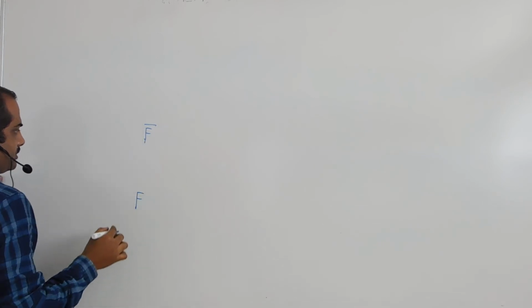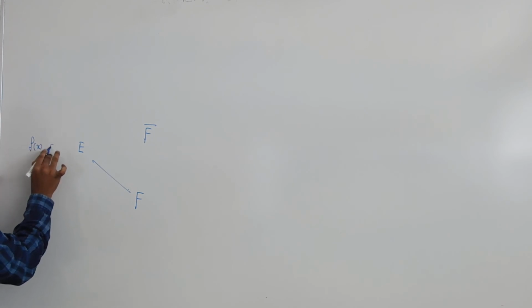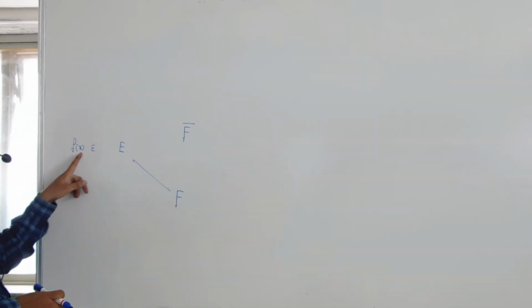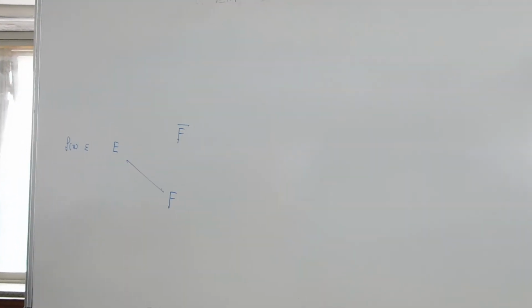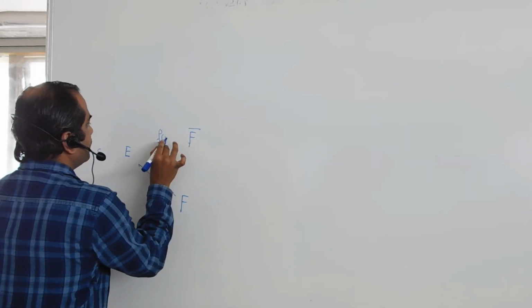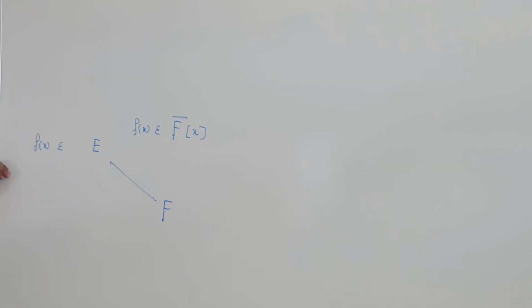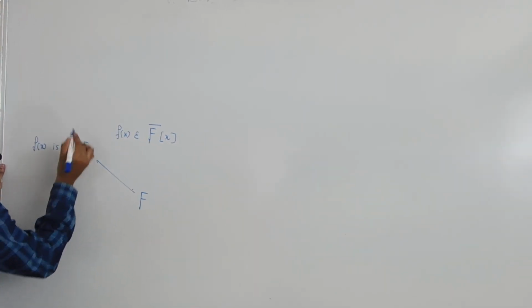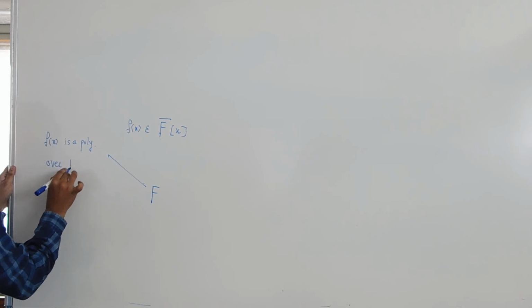If E is an algebraically closed extension of F, then for any f of x in E, as f of x is an irreducible polynomial over F, it has a root alpha.